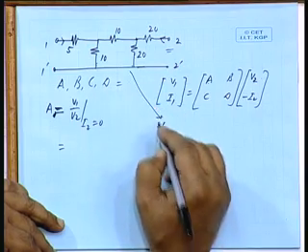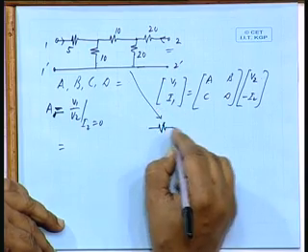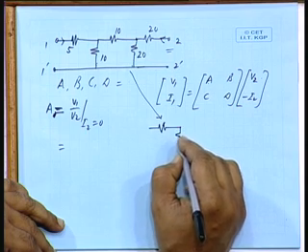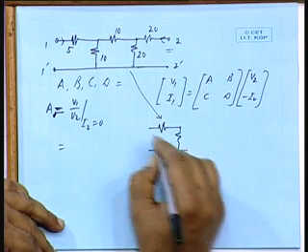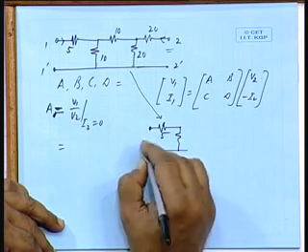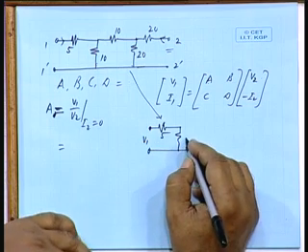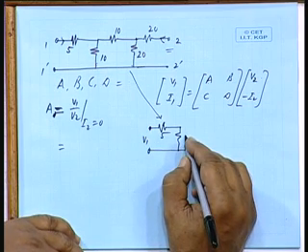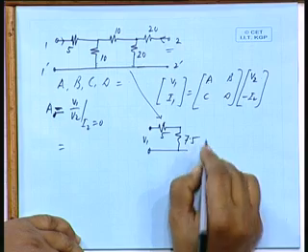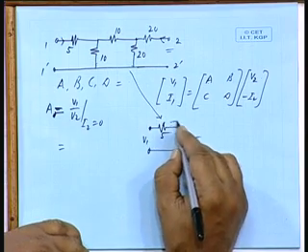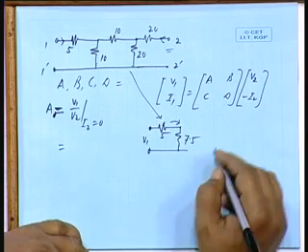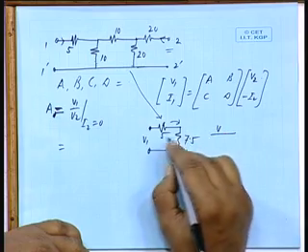If I draw a simplified equivalent, this is 5, this is combination of 30 and 10, so 7.5. So, how much is the current? It will be V by 12.5.